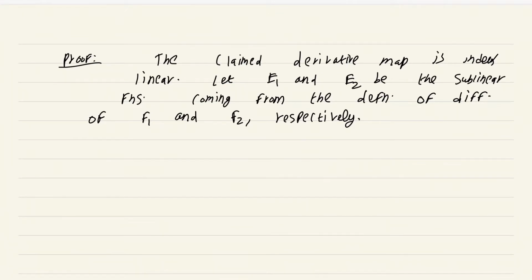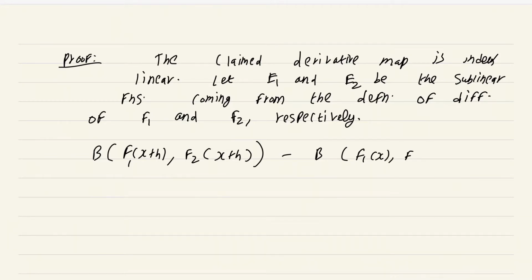Each step is going to be utterly simple and modeled on the high school proof for the product rule. So what do we have to compute? We have to compute B of f1 of x plus h comma f2 of x plus h minus B of f1 x comma f2 x. We'll have to compute this. And as usual, we add and subtract an appropriate term to make things go through.